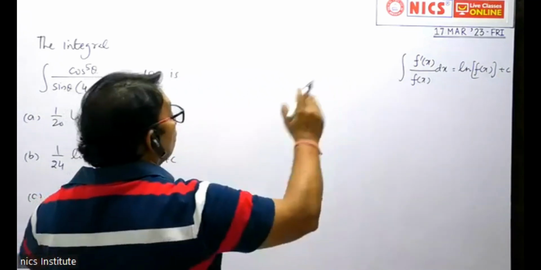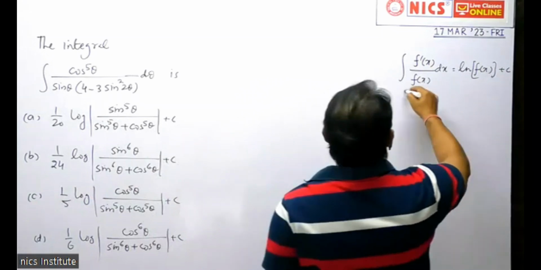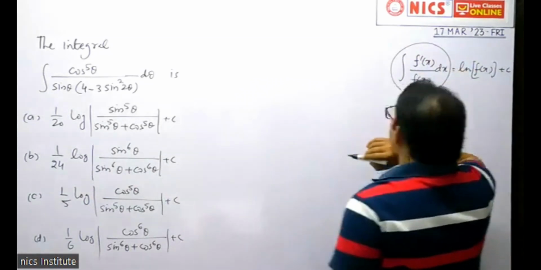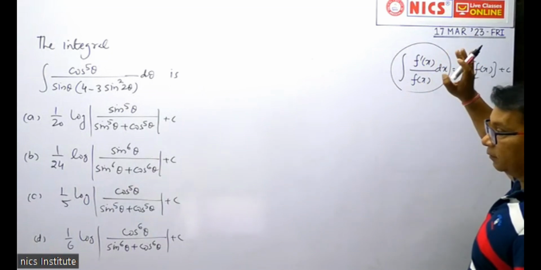Answer is in the form of log fx. So you will somehow try to convert the question in this format. The function in the denominator and its derivative in the numerator.